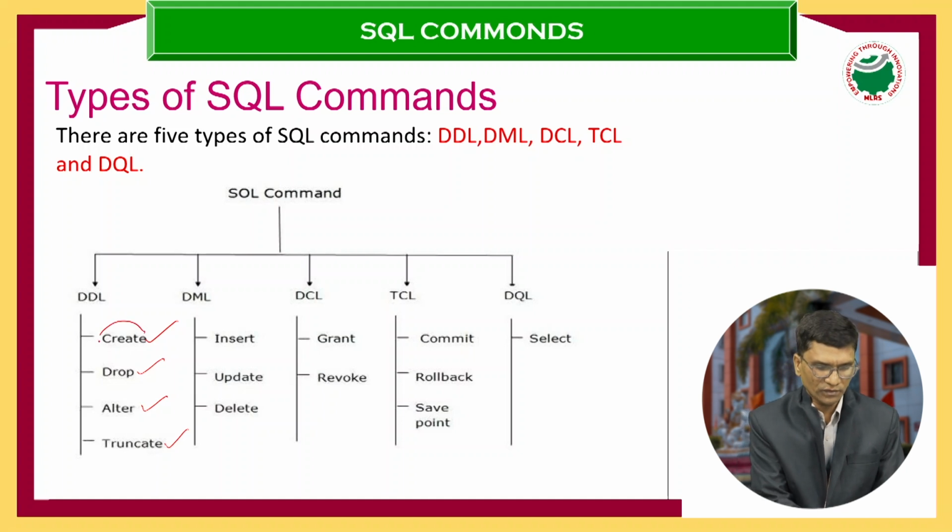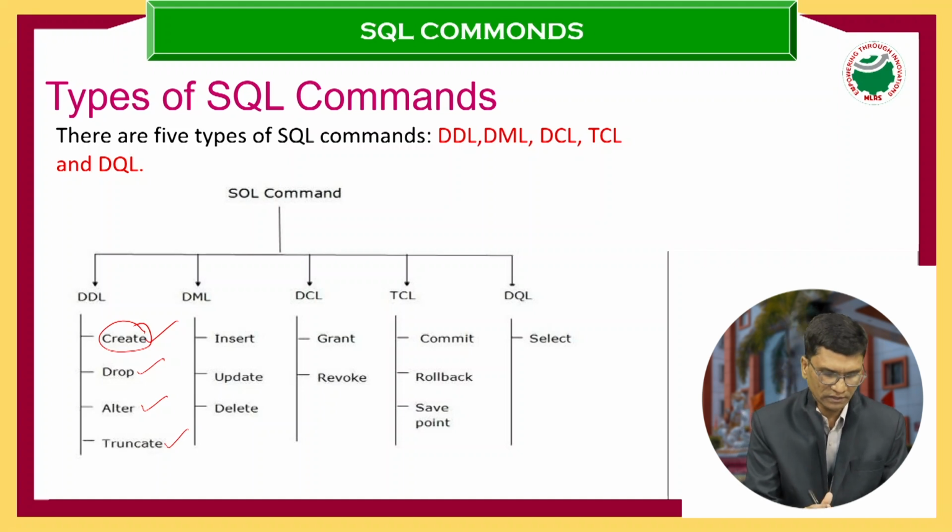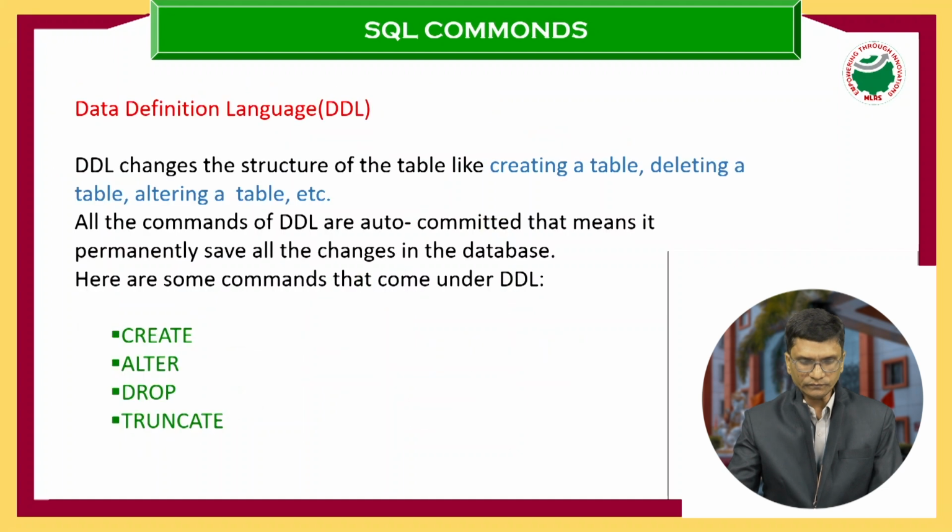For that reason, we are using the create command. So there are 5 different types of SQL commands, and we are moving towards each and every one: DDL, DML, DCL, TCL, and DQL.